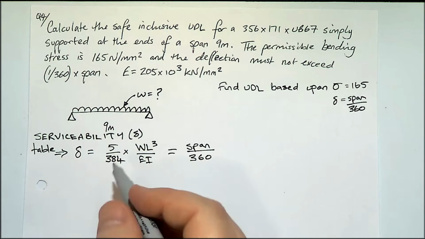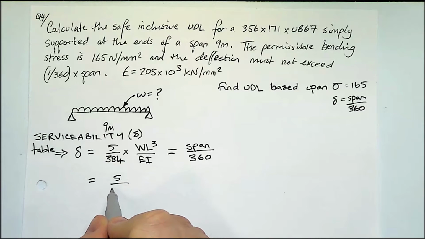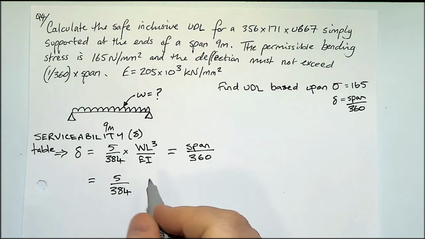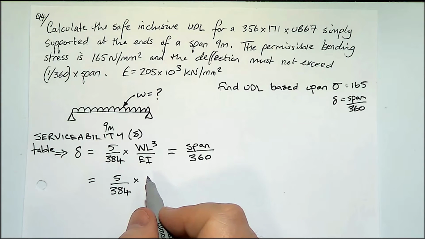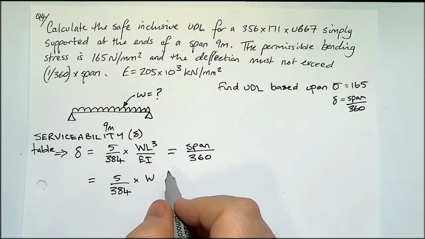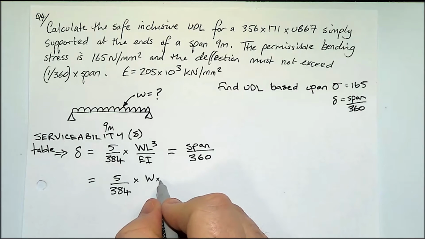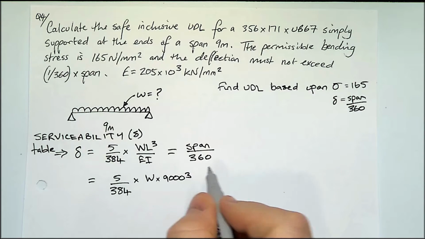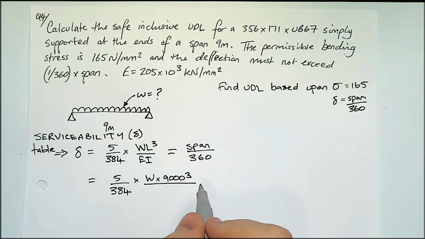So if we put these values in, we've got the 5/384 times by W times by the 9,000 cubed over.